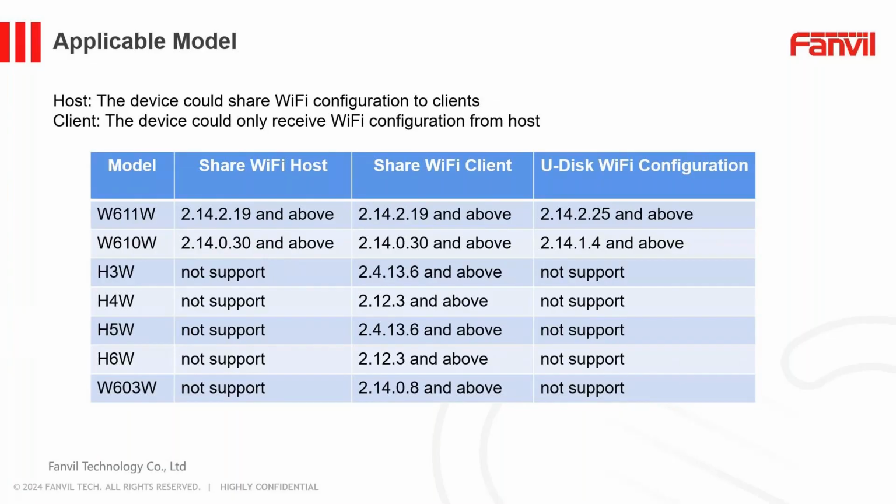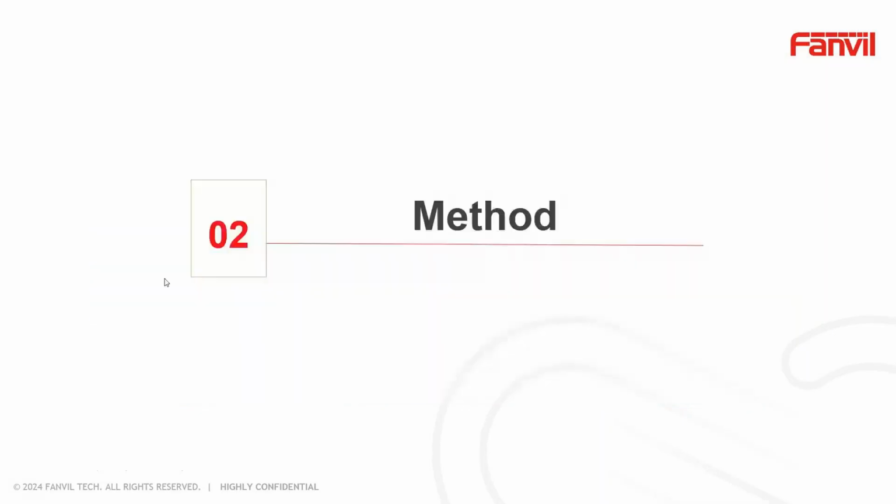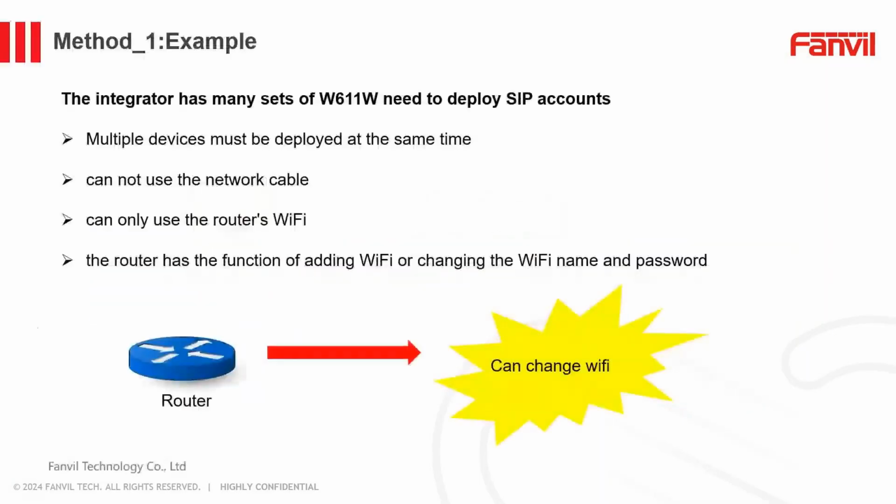They can act only as a client. Also for the U-disk, only the Wi-Fi phones W611 and W610 support the U-disk provisioning method. Let's go through the examples for the methods that we have.